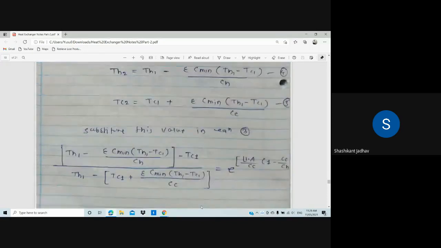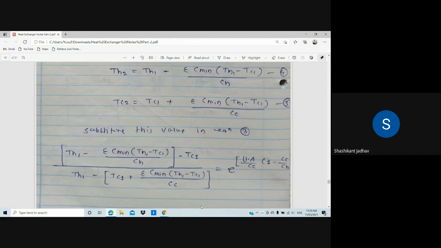Okay, so all of you write down the effectiveness expression. We have to write down equation number 4 and 5. In equation number 4 we get the equation for the Th2, and in equation 5 we get the equation for the Tc2. Okay, so now we have to put those values of Th2 and Tc2 in equation number 3.